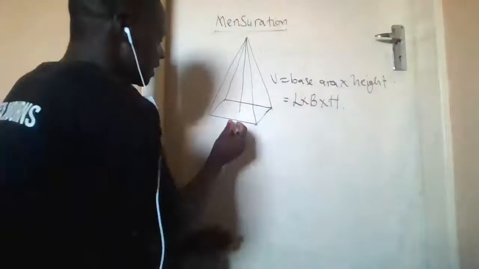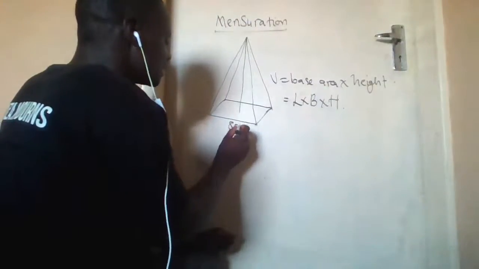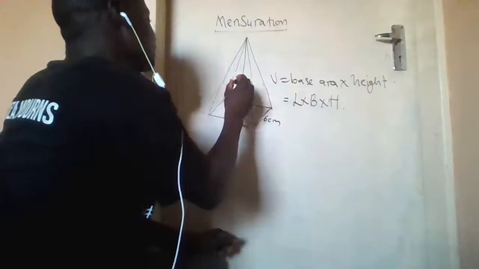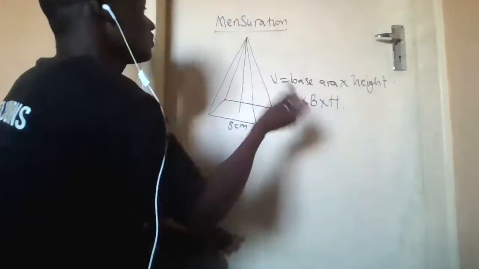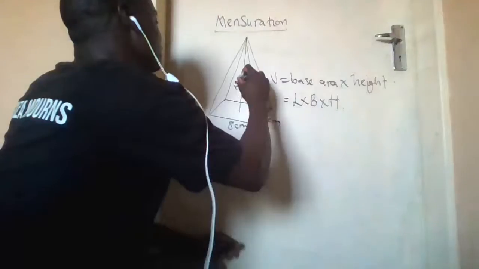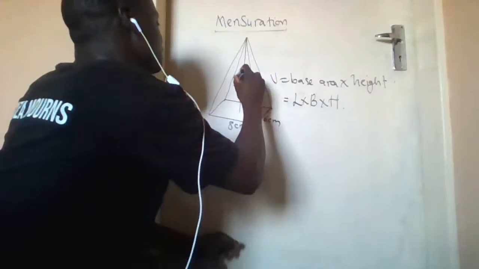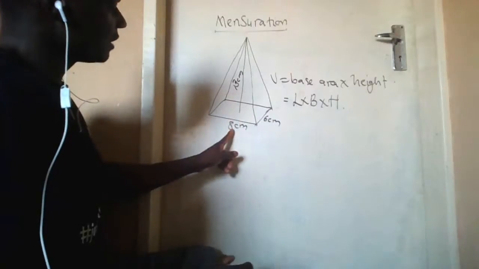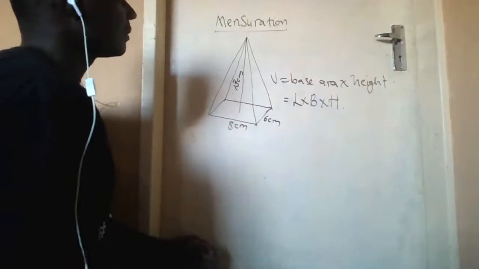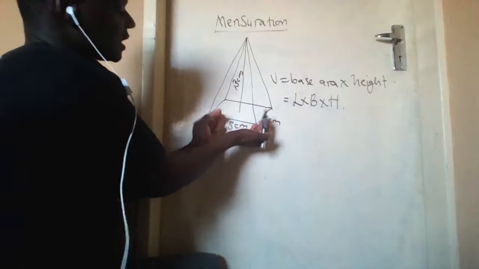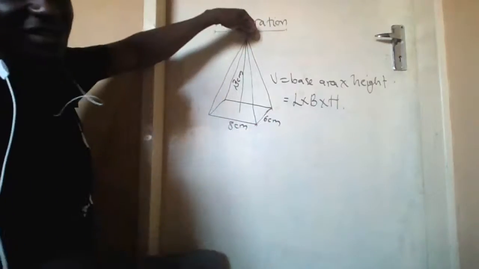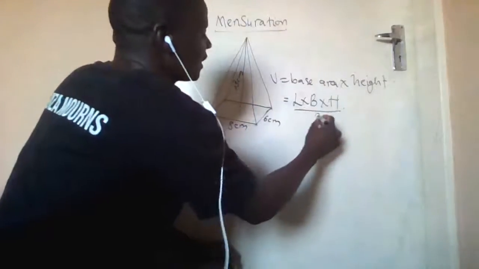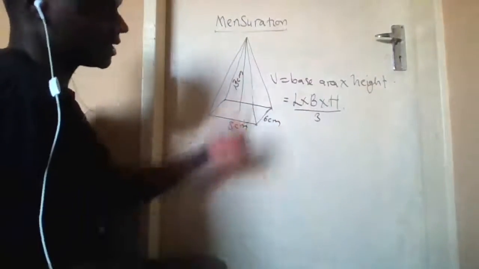So randomly, I'll pick 8 centimeter here, 6 centimeter here, and let me use 13 centimeters here. So it is 13 centimeter, 8 centimeter, 6 centimeter. But now, remember the base that we have here is not the same even on top. So because of that, you divide by 3, like we did for a cone.